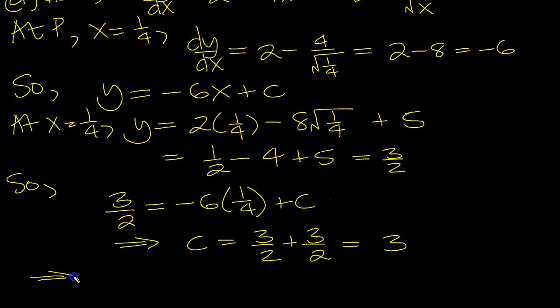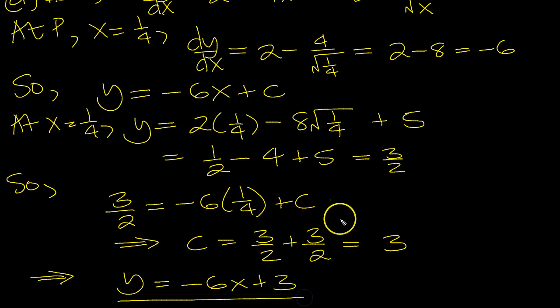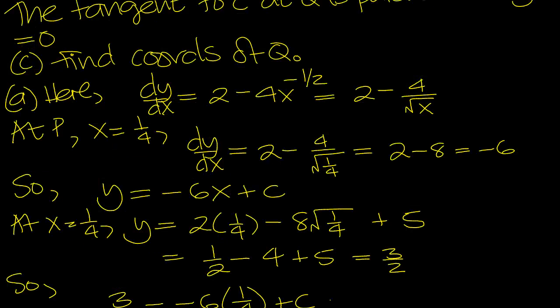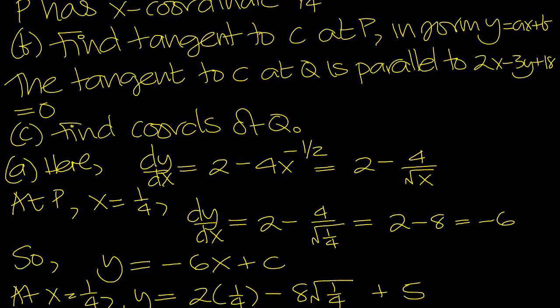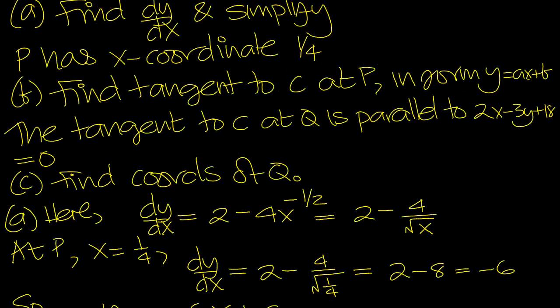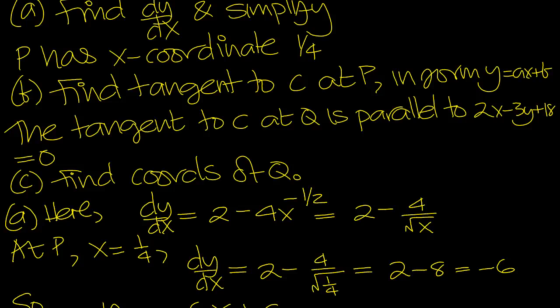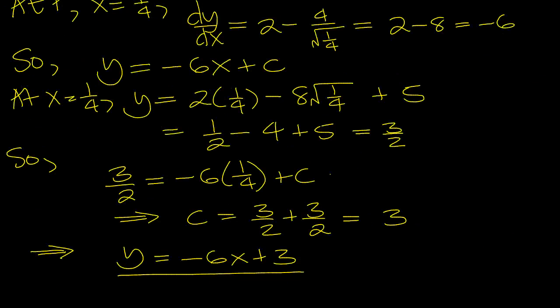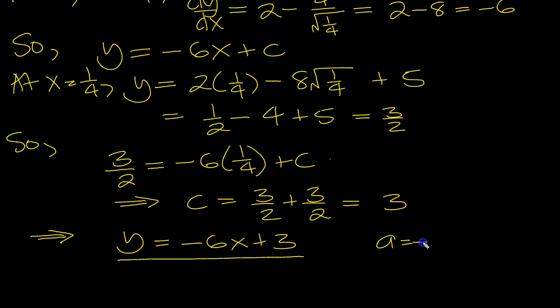That tells us what y is then. Y is equal to minus 6x plus 3. And we needed to write that in the form ax plus b. Y equals ax plus b. So a is equal to minus 6 here, and b is equal to 3.